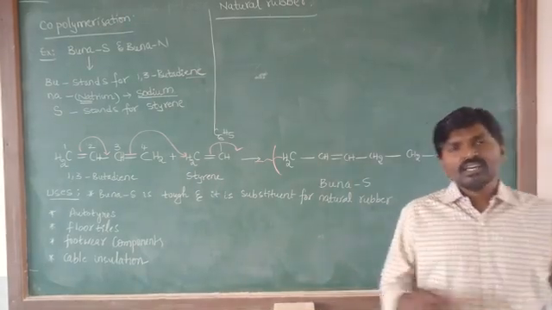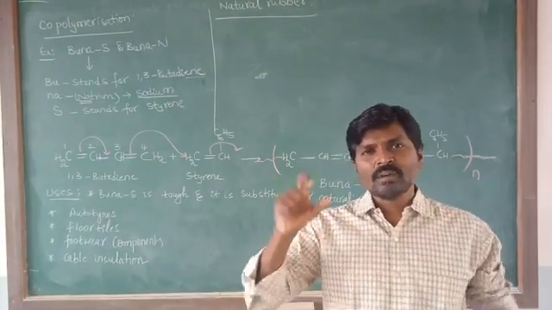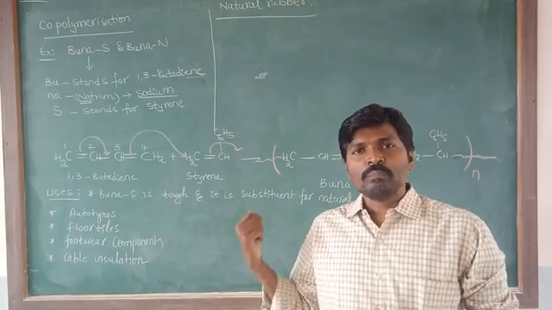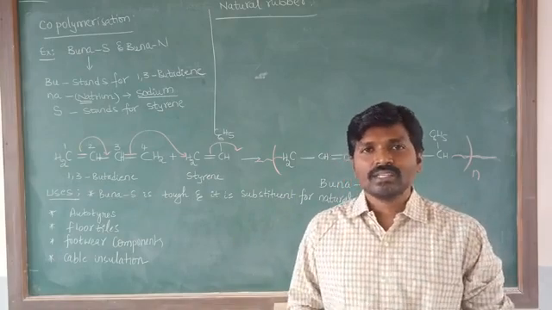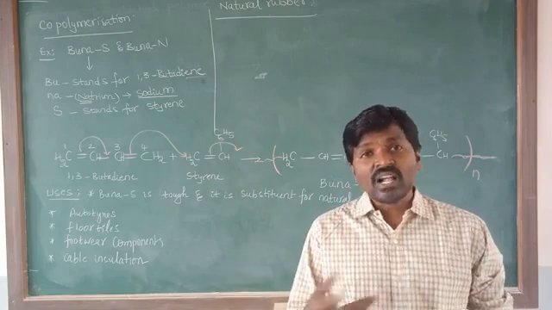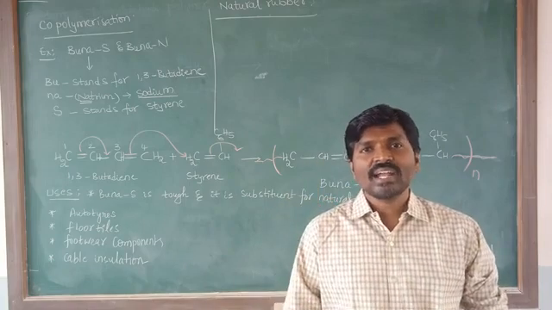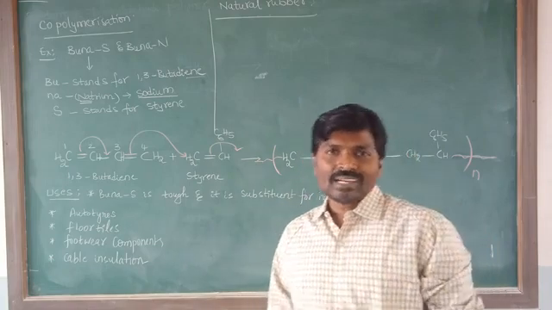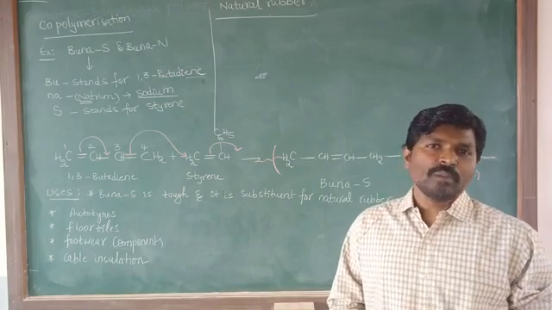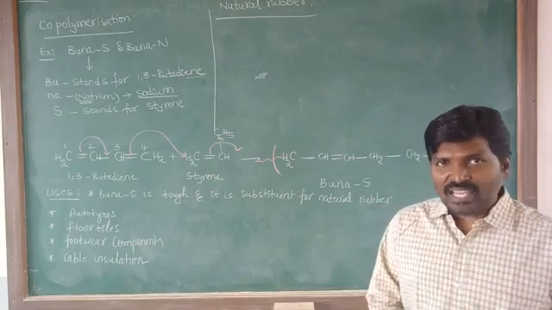Natural rubber exhibits elastic properties. Due to that reason, natural rubbers are also known as elastomers. Why are they called elastomers? Because they exhibit elastic properties.